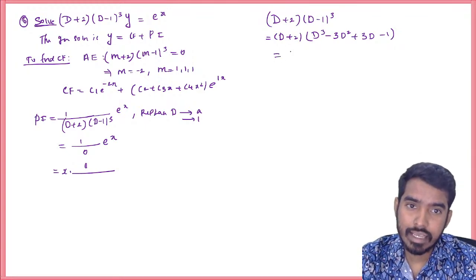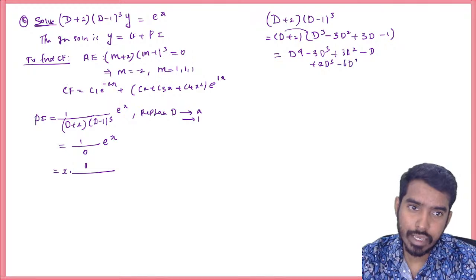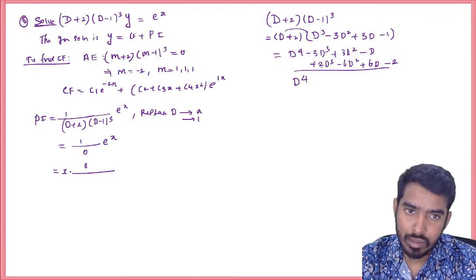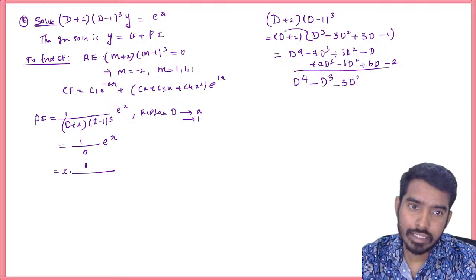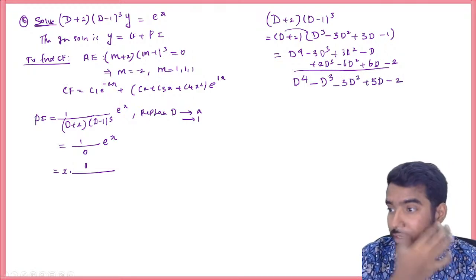Multiply this d inside, so you will have d power 4 minus 3d cube plus 3d square minus d. 1 plus 2 here, so we'll have 2d cube minus 6d square plus 6d minus 2. So add it up, you will have d power 4 minus d cube minus 3d square plus 5d minus 2, right?